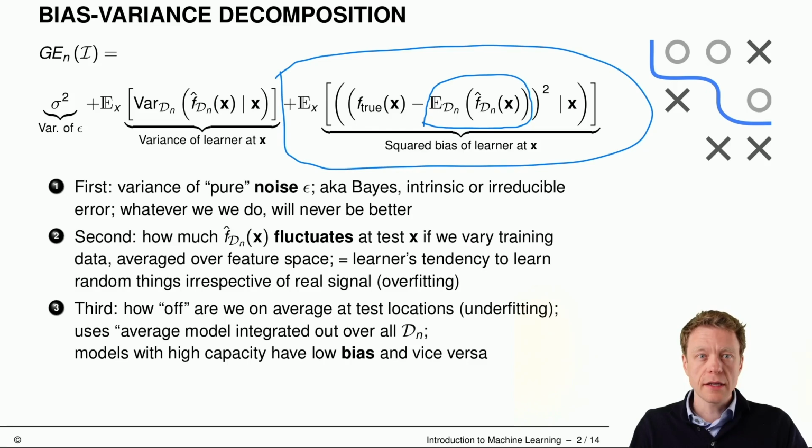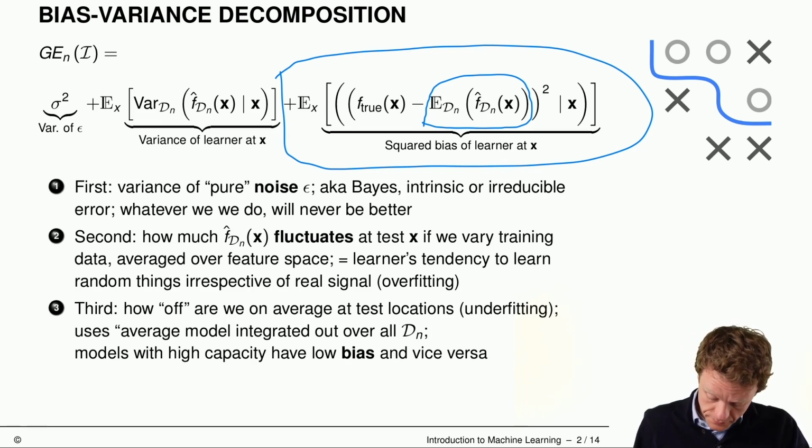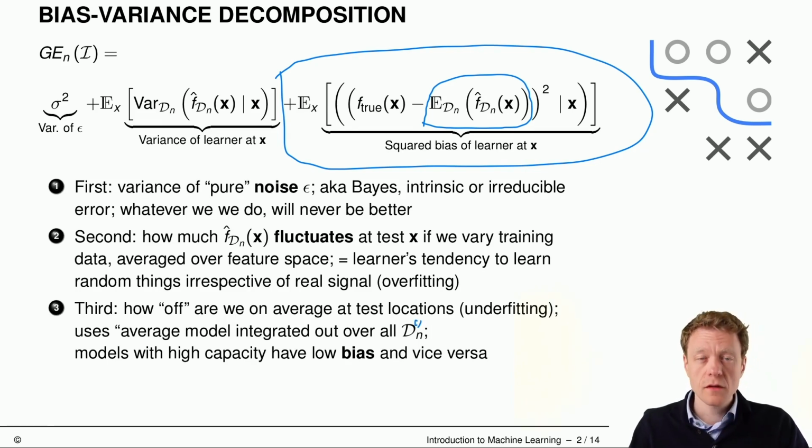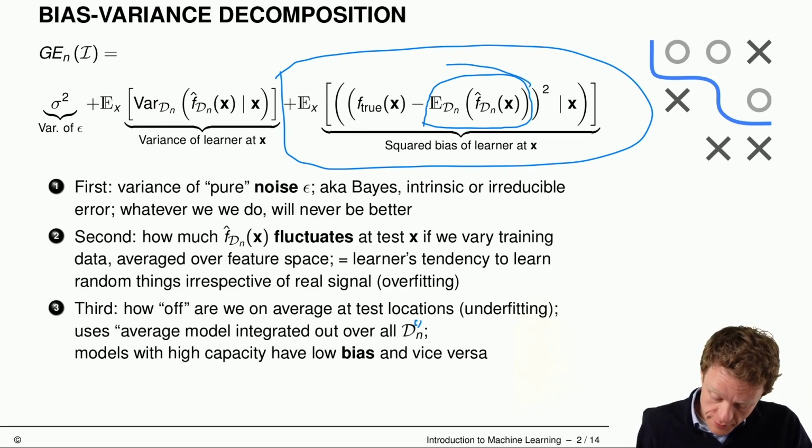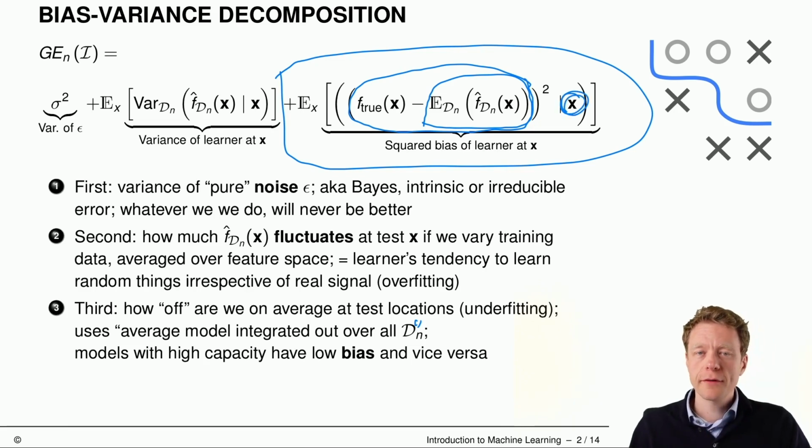This is an average model, integrated out over all the Dn. So we can have a lot of models, and we just take the average over all these models, and then we have an average model. With this difference, we look at some specific point x. How far is this average model off? So how bad are we on average, but at this point x?